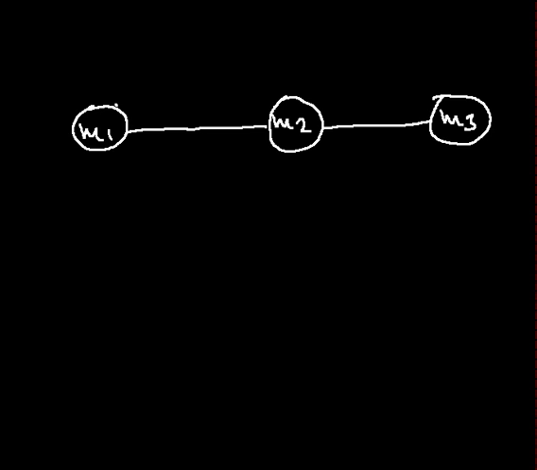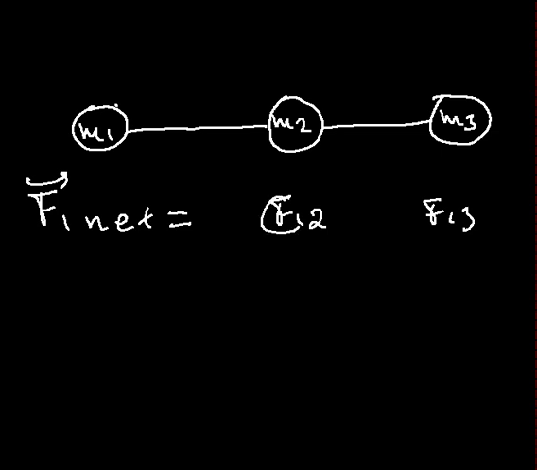The expression will be given as F1 net, which corresponds to the net force acting on mass 1 due to the other masses. That is equal to F12 plus F13, the force on 1 due to 2 and the force on 1 due to 3.